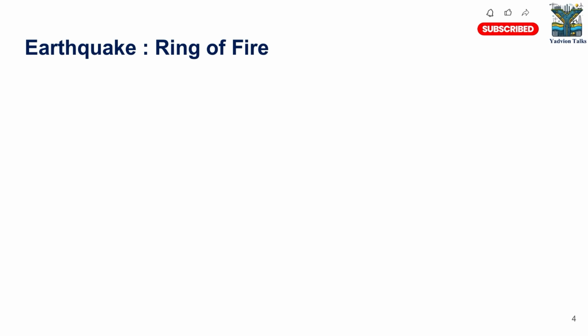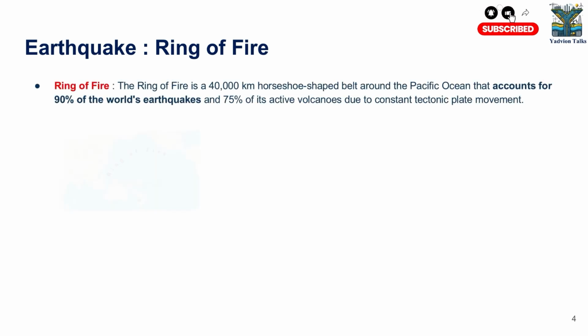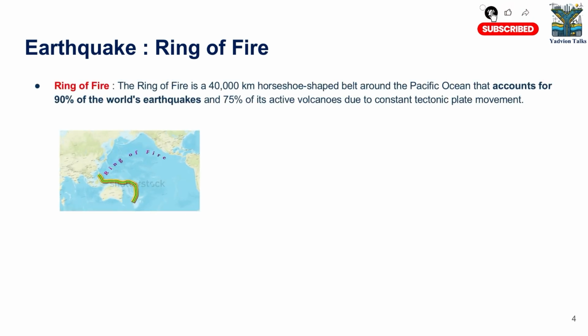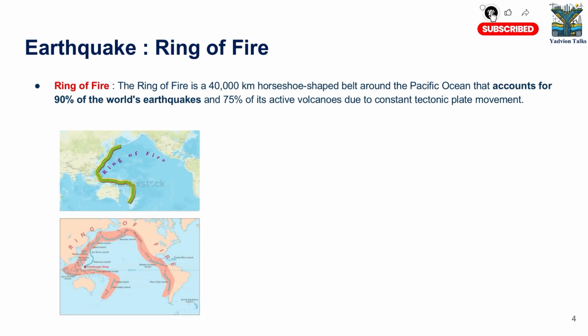So, what is the ring of fire? The ring of fire is a 40,000 kilometer horseshoe-shaped belt around the Pacific Ocean. You can see it in this animation video. This ring of fire accounts for 90% of the world's earthquakes and 75% of its active volcanoes due to tectonic plate movement.